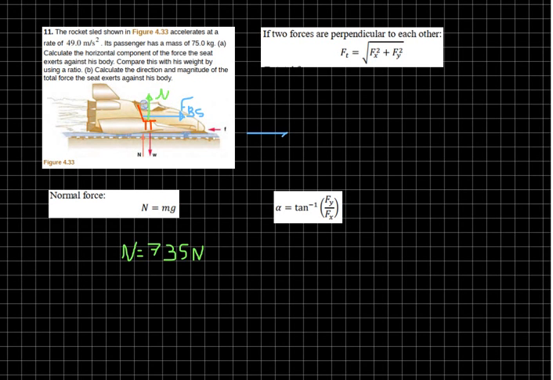And I also have the normal force, which is the force of the bottom of the chair. The two forces are perpendicular to each other, and to calculate the magnitude of the total force, we have to use this formula. So here we go.